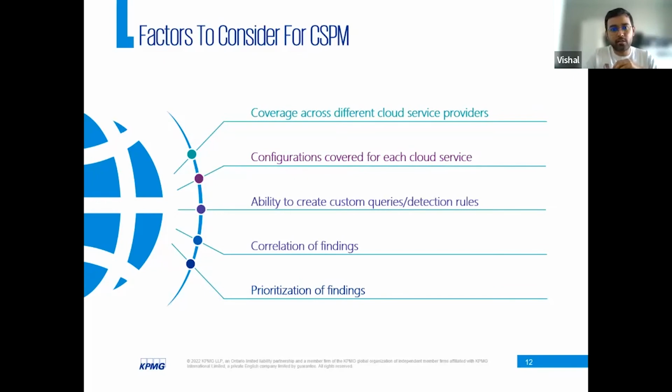Now, depending on your organization, some organizations do want to use those types of capabilities, but there may be organizations where manual checks happen before doing any changes. So auto remediation, I haven't put that in the slide, but depending on your requirement, that can be another factor as well.